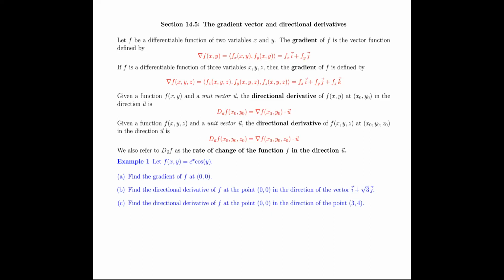And we have a similar definition for the gradient of a 3 variable function. All right, so f sub x in the first one, the partial of f with respect to y in the second coordinate, and the partial of f with respect to z in the third coordinate. And that's really it. So let's go ahead and do an example.